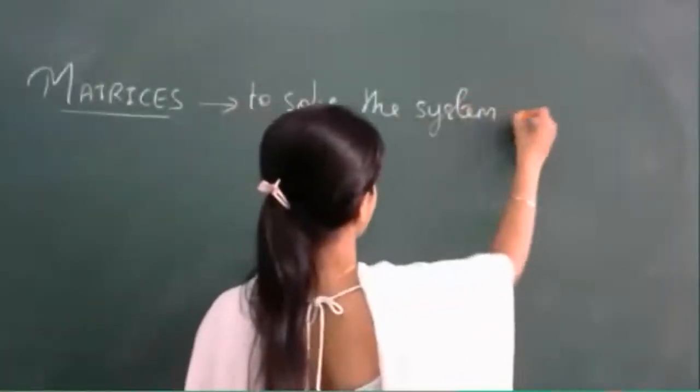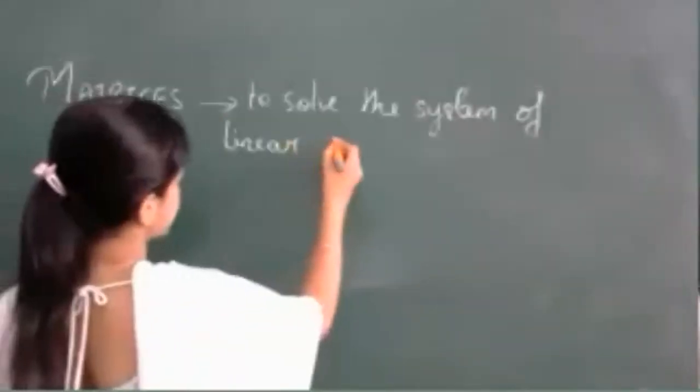It helped us to solve systems of linear equations. In other words, it helps us to find the solutions of systems of linear equations. So matrices, what do they do? They help us to find the solutions of systems of linear equations.